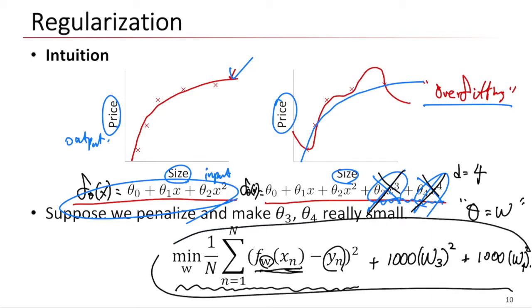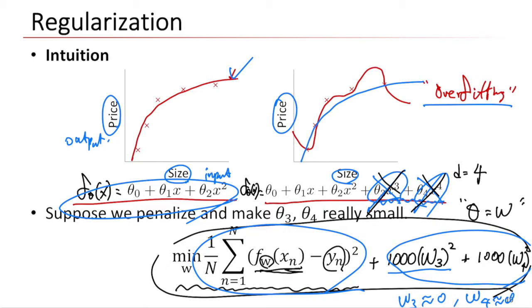And then if we minimize this function, what makes this loss function 0? When W3 is equal to 0 and W4 is equal to 0. So using those kinds of terms, we can reduce the effect of the higher order terms, right?